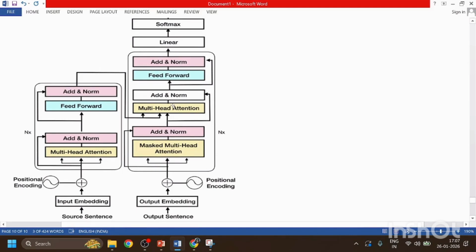This is where the decoder looks at the encoder's output. This allows the decoder to use information from the input sentence.